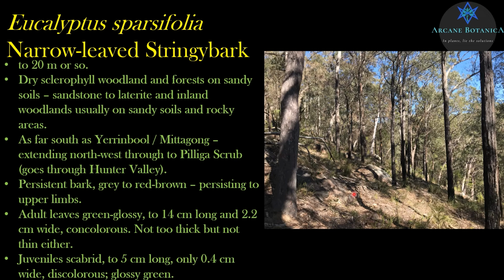This was another site I did up the Putty Road, pretty much at Putty, so going on up there into the Hunter Valley. This is really strong sparsifolia country, and most ecologists who will work here will automatically say these are sparsifolia. I've got Hawkesbury sandstone outcrop. I've got things like Angophora costata.